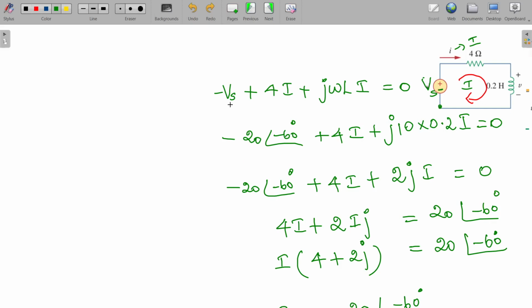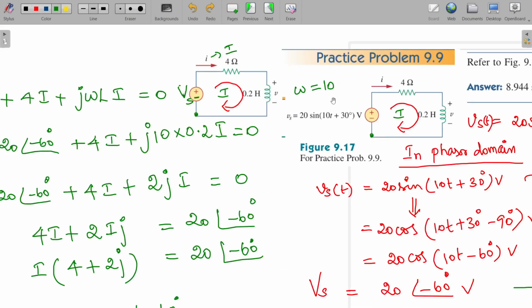Then instead of Vs, we substitute the phasor domain value: −20∠−60° + 4I + jωL I. What is this omega? The omega value is given in the problem itself. In 20 sin(10t), the 10 represents your omega, so ω = 10.